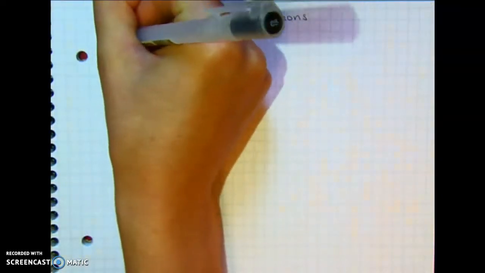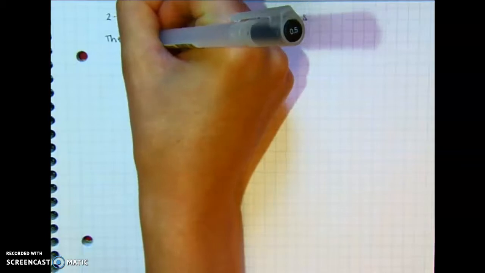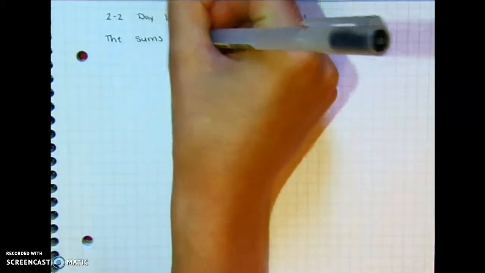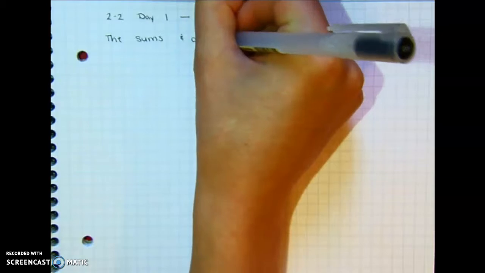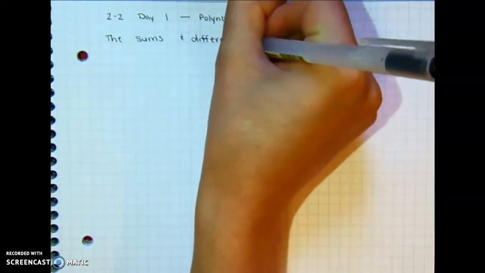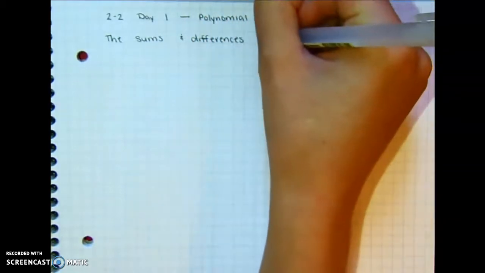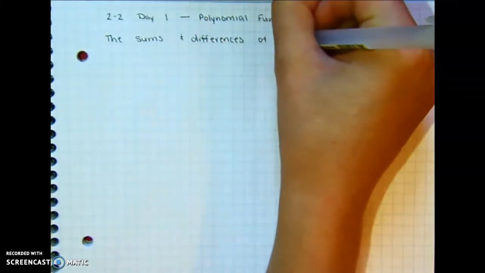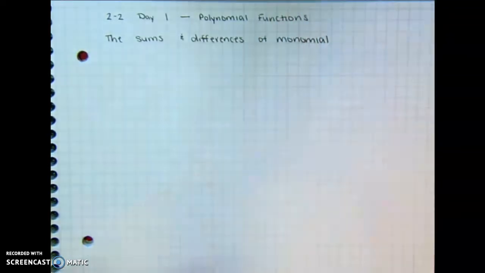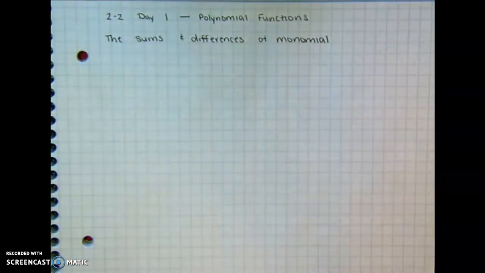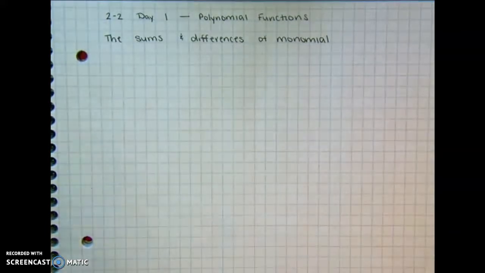It is the sums and differences of monomial functions. And monomial, remember, just means one, so like just x squared or x to the fifth, just one term.